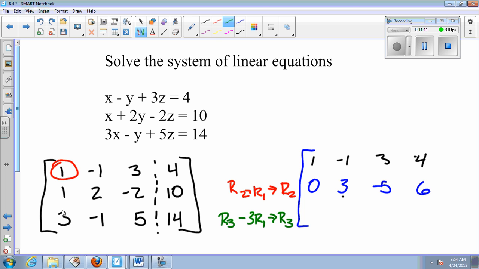So 3 minus 3 times 1, that goes to 3, so 3 minus 3 is 0. -1 minus 3 times -1 goes to 2. 5 minus 3 times 3, so that's 5 minus 9, -4. 14 minus 3 times 4, which is 12, so 14 minus 12, that is 2.